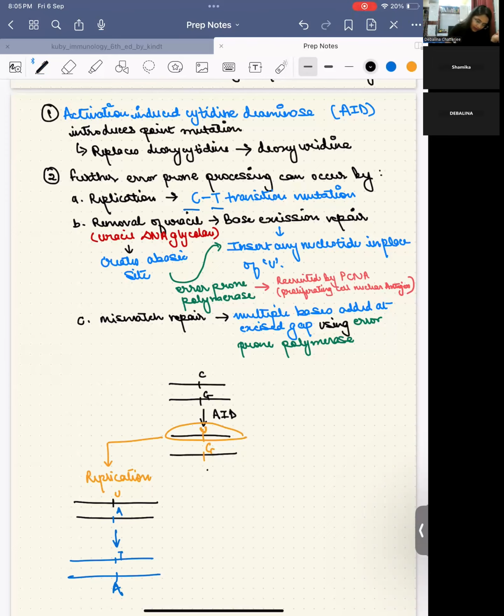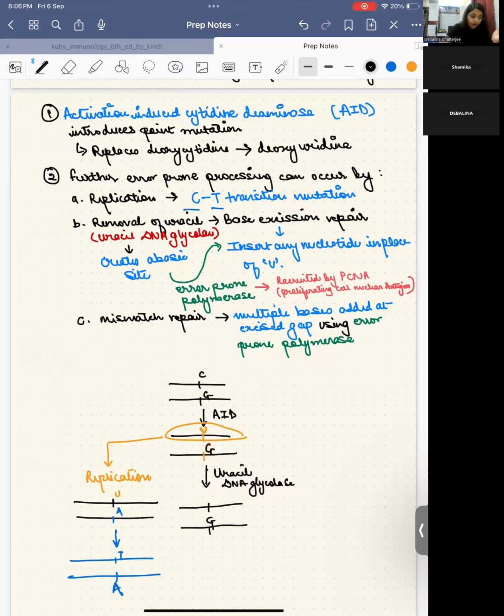So now if, instead of entering replication, this is further acted upon by uracil DNA glycosylase, then this, as the name suggests, is going to remove the uracil, and what we have is just a G.